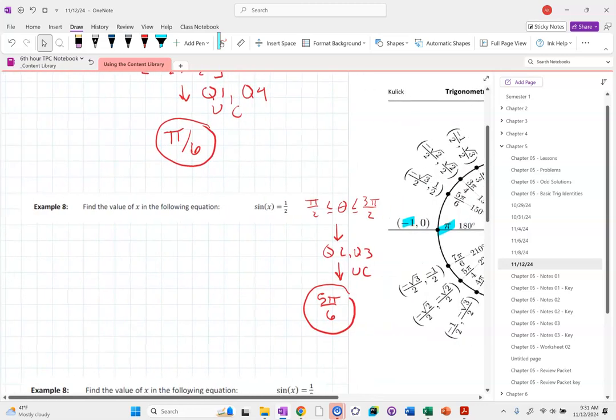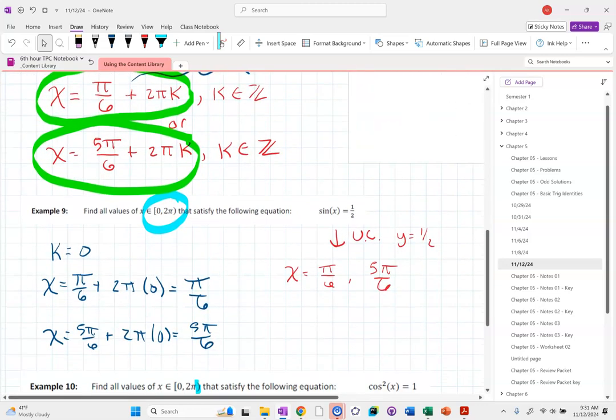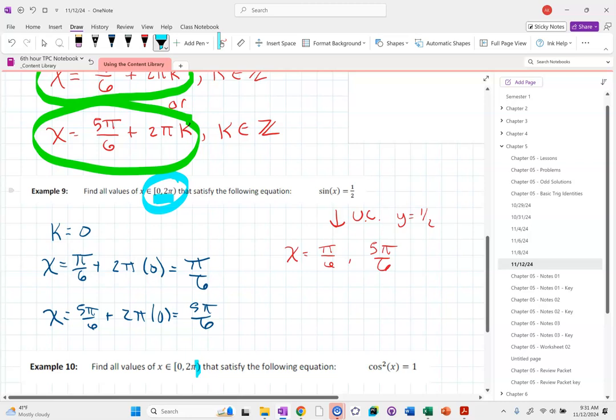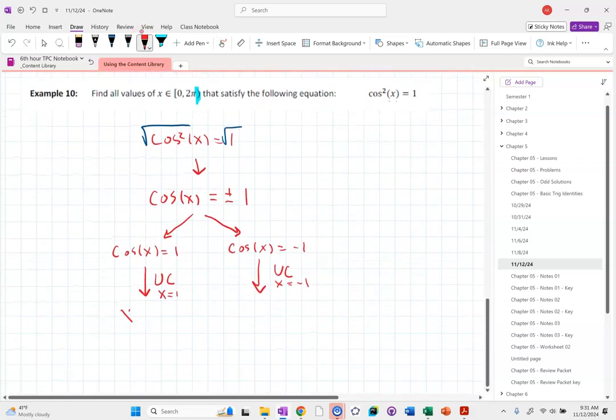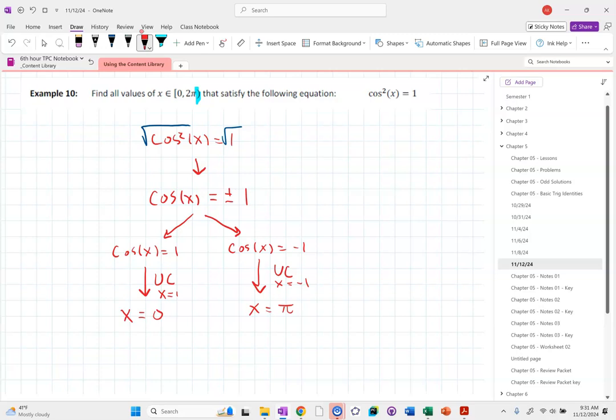But the problem is only asking me to go from 0 to 2 pi not including the 2 pi, so I know I'm done. Okay? So here we got x equals 0, and here we got x equals pi. Is everybody okay with how I pulled those from the unit circle? Okay. Let's do another.